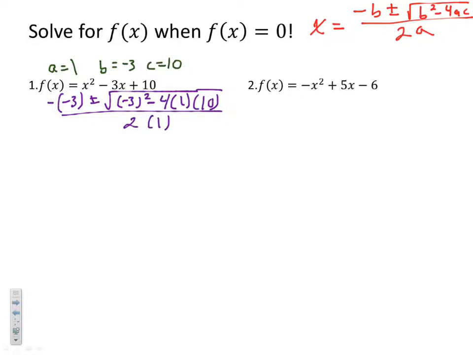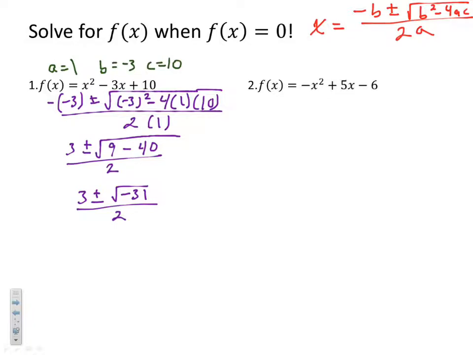Two negatives always make a positive, so that's 3 plus or minus the square root of 9 minus 40 all over 2, which is equal to 3 plus or minus the square root of negative 31 all over 2.